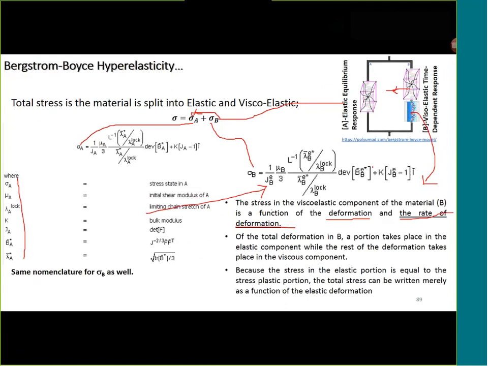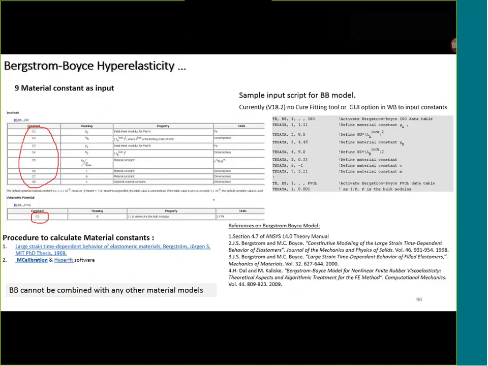And this material model itself is complex, as it captures both the elastic equilibrium as well as the viscoelastic response. This particular model cannot be combined with any other material model, because if appropriate test data and understanding are there, this one material model can capture both the equilibrium response as well as the rate dependent response.